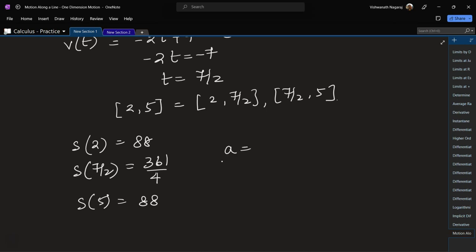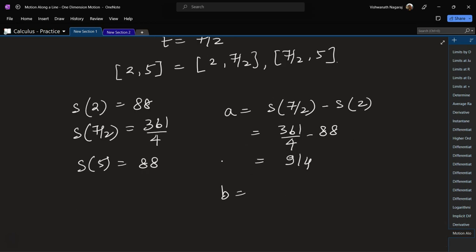Displacement in the first interval, A, is going to be S of 7 by 2 minus S of 2, which gives us 361 by 4 minus 88, which gives us 9 by 4. And B is equal to S of 5 minus S of 7 by 2, which means 88 minus 361 by 4, which is going to be equal to minus 9 by 4.